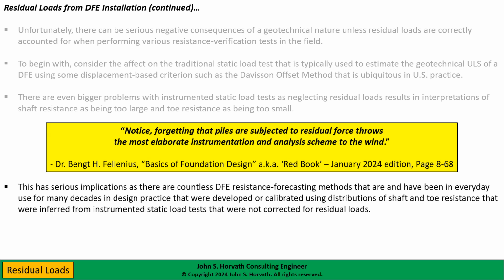The reason I'm spending time emphasizing this is, if you think about it, there are countless resistance forecasting methods for deep foundation elements that are and have been in everyday use for many, many decades, going back to the 1950s in design practice, that were either developed or at least calibrated using distributions of shaft and toe resistance that were inferred from instrumented static load tests that were not corrected for residual loads.